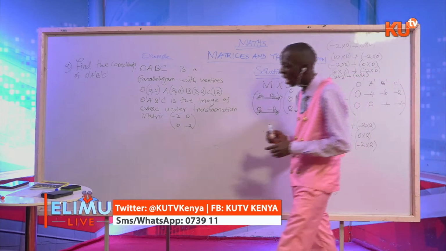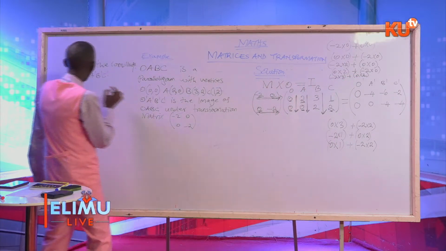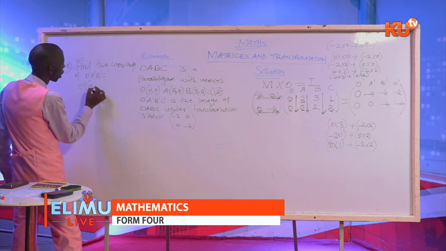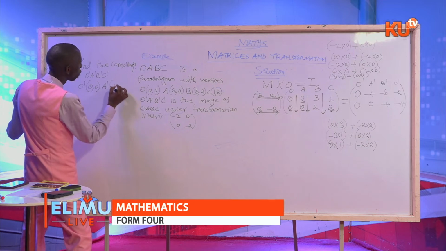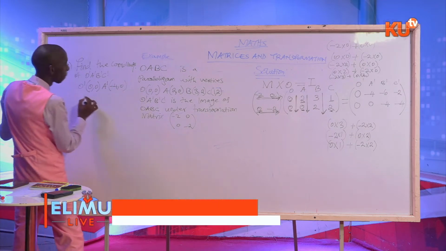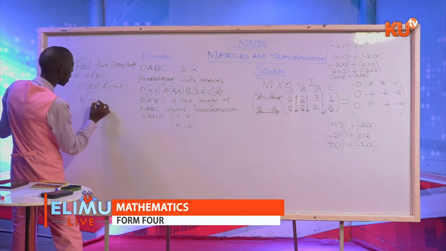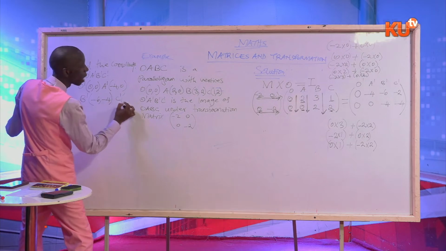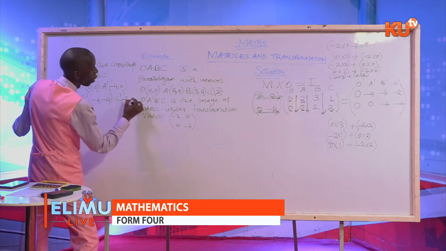Therefore, my dear students, the coordinates of the image will be O prime 0, 0, A prime negative 4, 0, B prime negative 6, negative 4, and C prime is negative 2, negative 4.